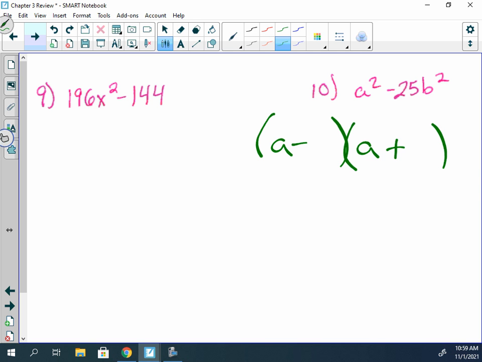What times itself is 25b squared? And 5b. Because this is really just going off the perfect square kind of setup in that a squared minus b squared is equal to a plus b times a minus b.